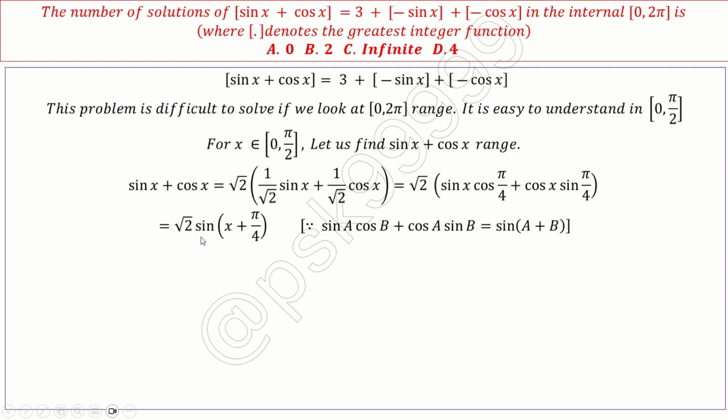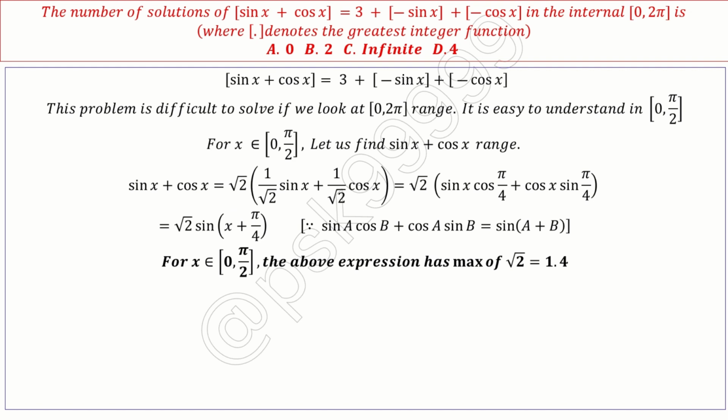This is nothing but root 2 times sin of x plus pi by 4, because sin a cos b plus cos a sin b equals sin of a plus b. The maximum of the sine is 1, which gives root 2, and the minimum gives minus root 2. So minus root 2 to root 2 is the range.